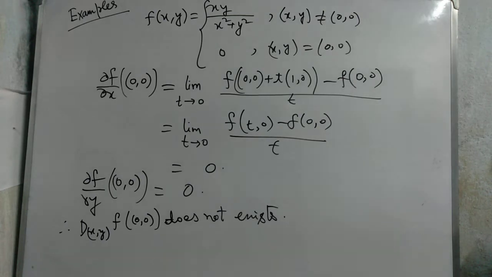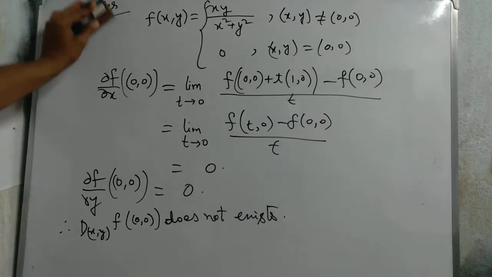Now a remark: from the above example, we can say that for a function which is not continuous, the partial derivatives may exist but the directional derivative may not exist.